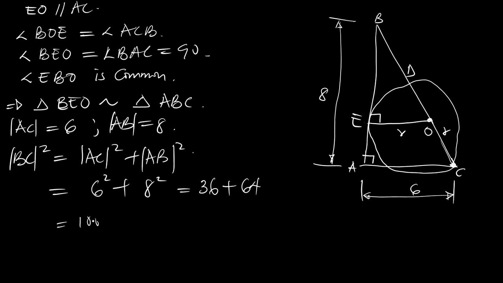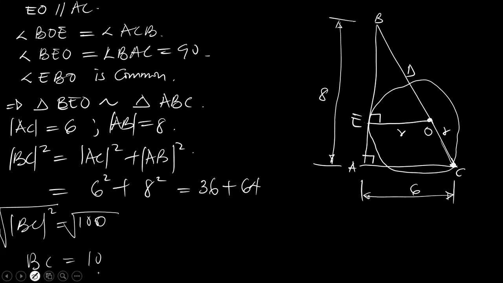This will give us 100. So take the square root of both sides. You now have BC equal to 10. So that means from here to here is 10. That means from O to B is 10 minus R.